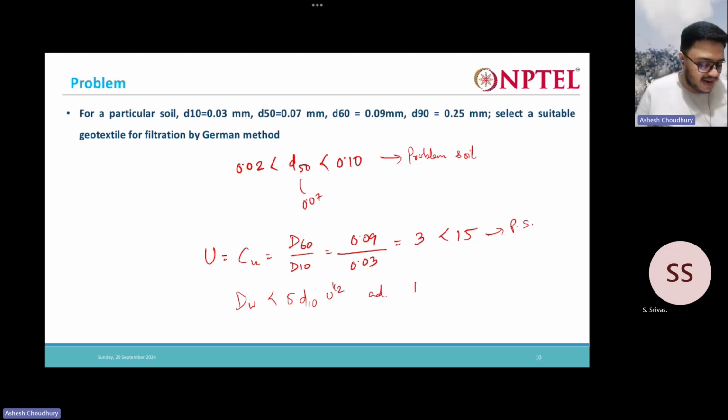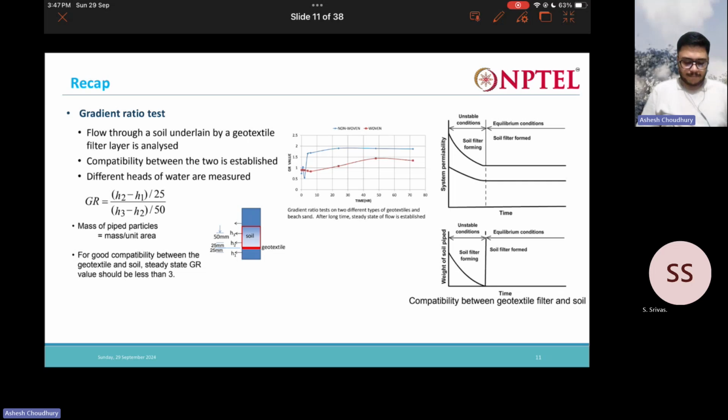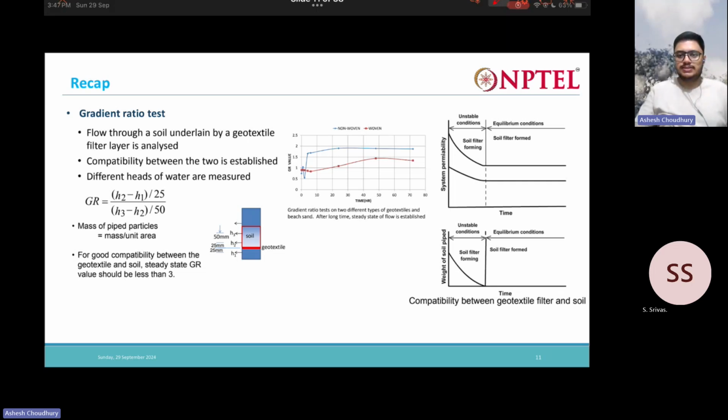Now we have this gradient ratio test, which we already discussed in the previous classes, right?